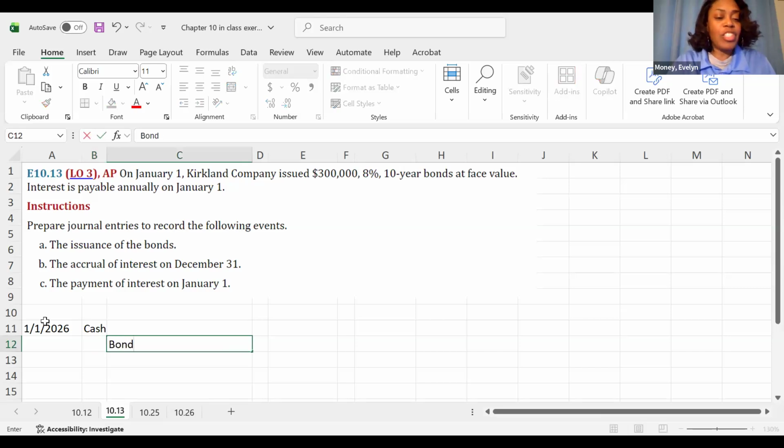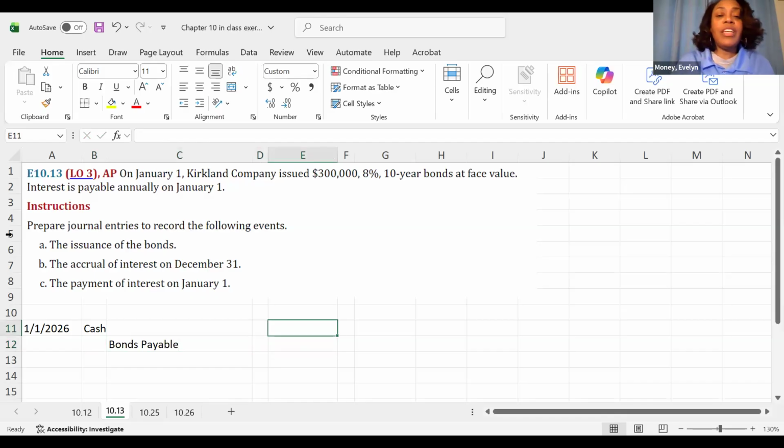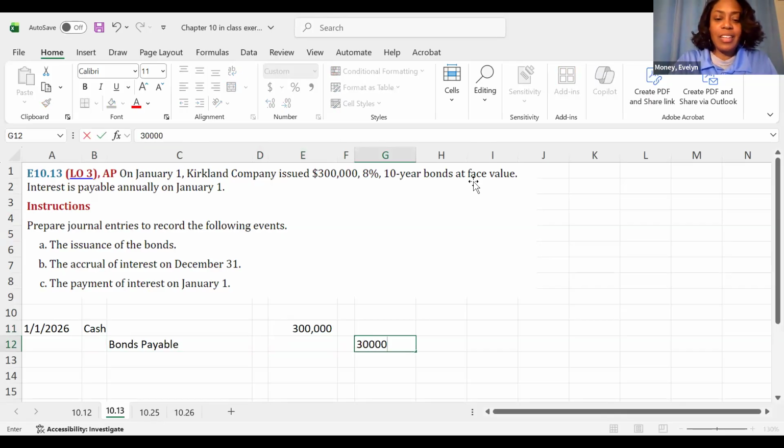Now, when bonds are issued, the corporation receives cash. So we're going to debit cash and credit bonds payable. The amount of cash we receive is the 300,000 times the 100% because the bonds were issued at face value. Oh, too many zeros. There we go. Bonds payable is always valued at face value, so I don't have to do a lot of thinking there.